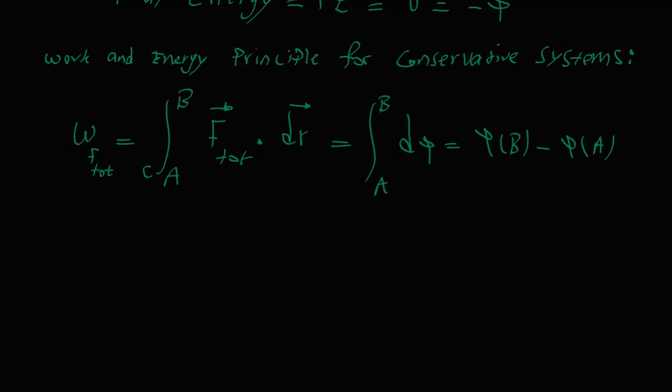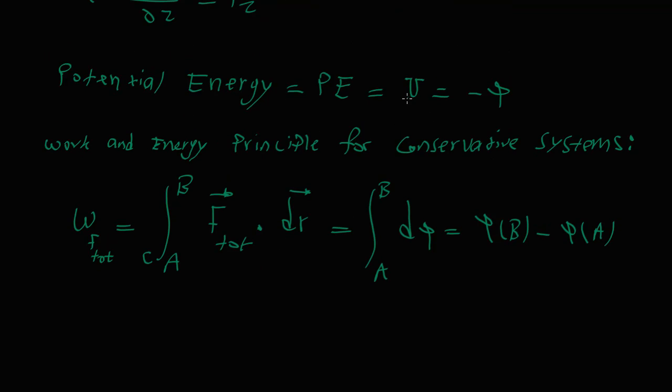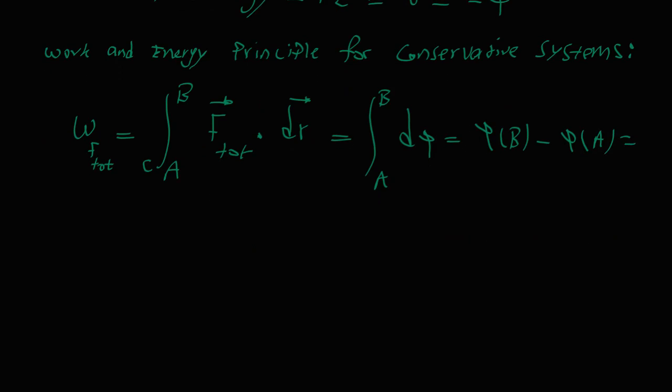But we also just defined the potential energy. We said that the potential energy is just minus the potential function, so I can rewrite this in terms of U. I can say that this is basically UA minus UB. We will see in a moment why we are doing this.